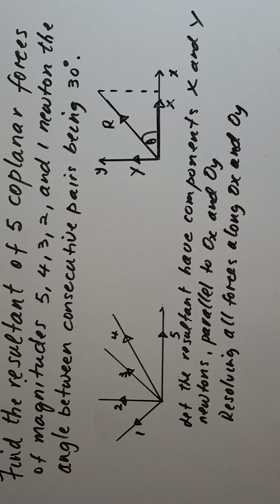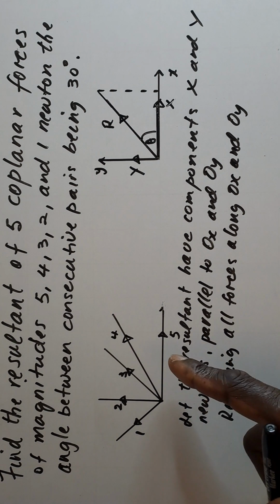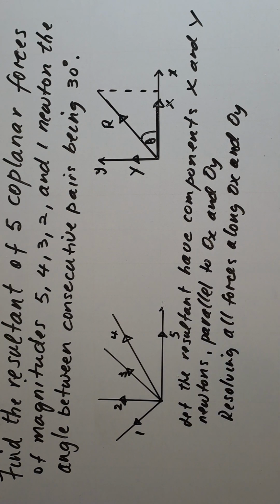Right, remember the angle between consecutive pairs being 30 degrees. And we have our 5 coplanar forces here in the diagram on the left.